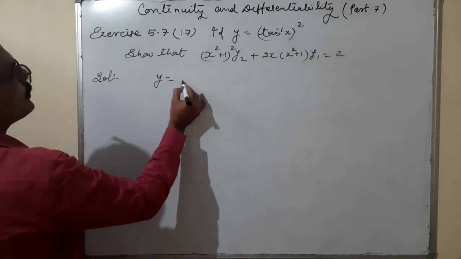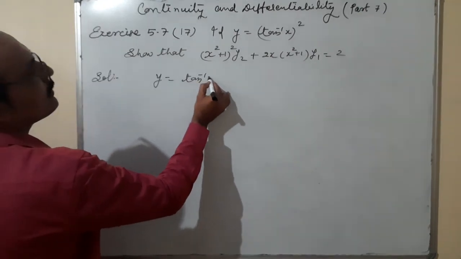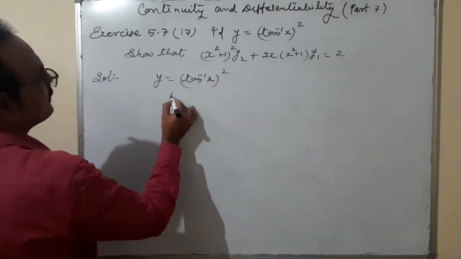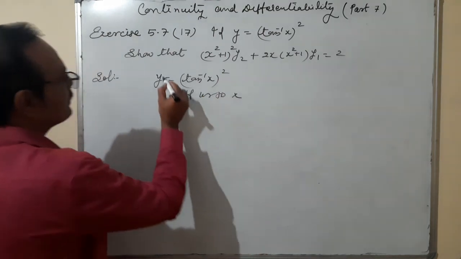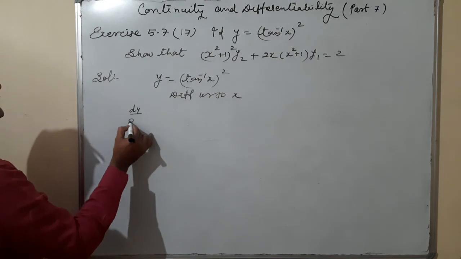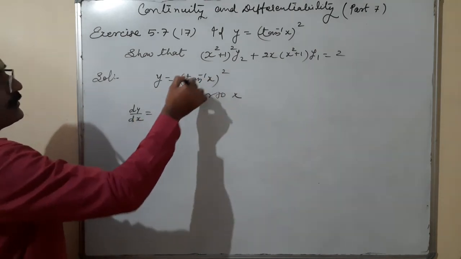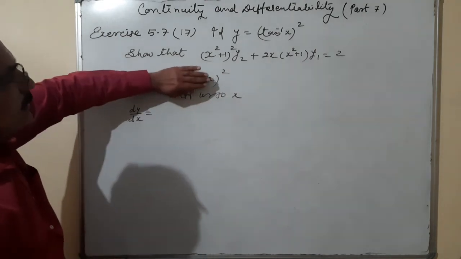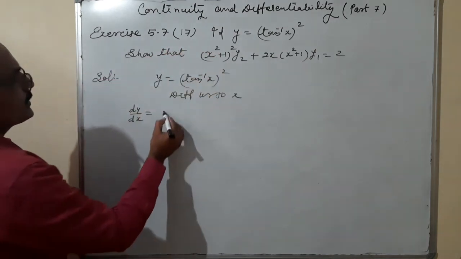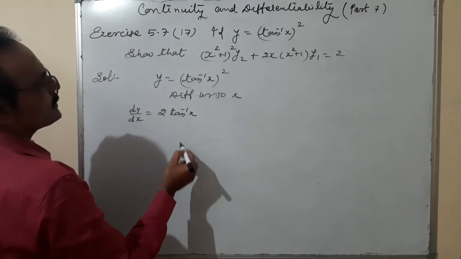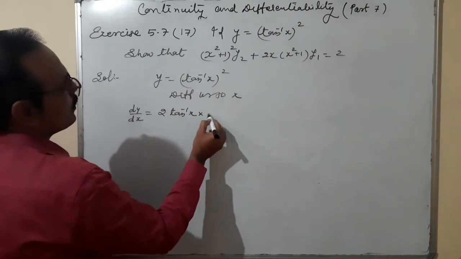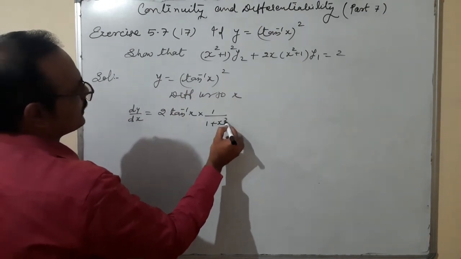y is equal to tan inverse x whole square. Differentiate with respect to x, dy by dx is equal to, the differentiation of this term, t square is 2t. So we get 2 tan inverse x, and again differentiation of tan inverse x, that is 1 upon 1 plus x square.